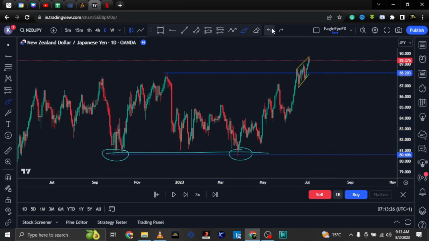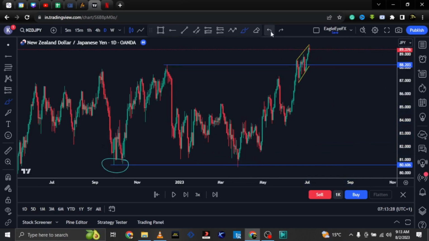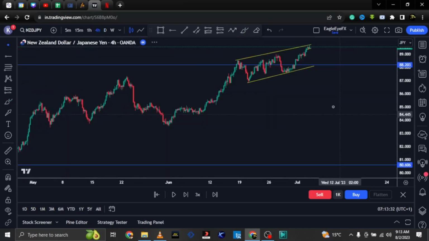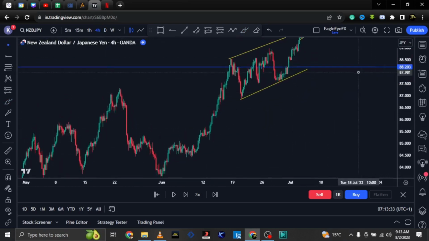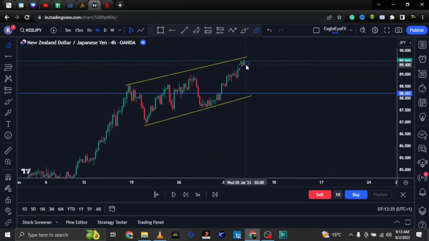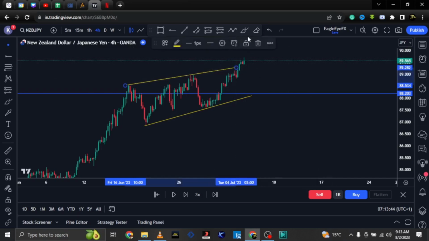All right, so now let's look at this level over here. We are interested in this level. Let's go to the 4-hour time frame. On the 4-hour time frame, you can see that it's a clean structure. Of course, initially it was here. That is how we could have drawn it. We have one touch here, a second touch here, so we are looking for a third touch before the market starts moving to the downside.